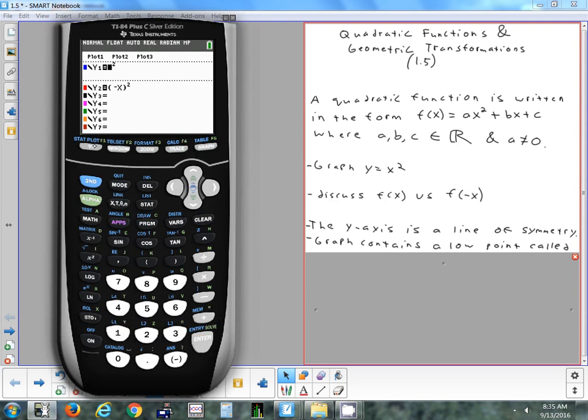Here's a graph where it would look a little different. Here's x cubed. If I graph that, it looks like that. Now, if I plug in a negative, it's not going to look the same. So let's try negative x cubed.